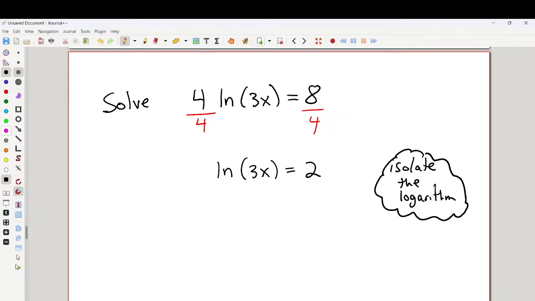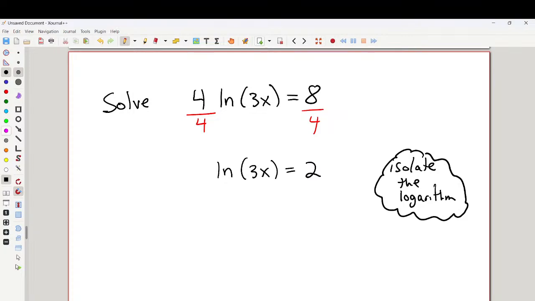All right, so I had a multiplier of 4. And because I'm solving an equation, I'm just going to divide both sides by it. There, gone. Now, similar to the last example, we have a logarithm equation, right? What's the invisible base here?